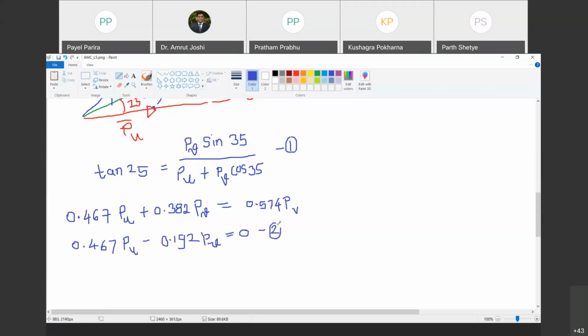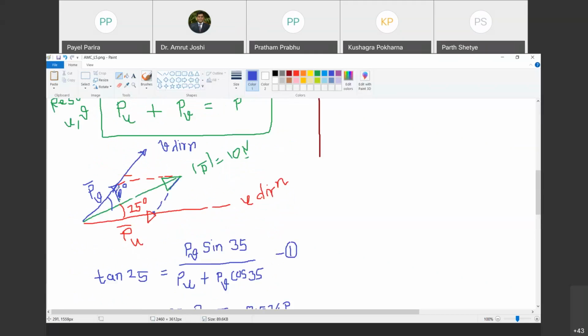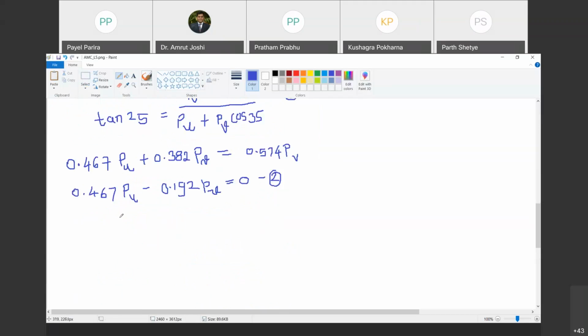Happy? Yes. Now what else can you write? You can also write tan 10. This angle is 10 degree, isn't it? Yes, sir. Okay. My handwriting should not be the cause of confusion. So this is 10 degree, right? So now tell me what is tan 10 degree? Tan of 10.